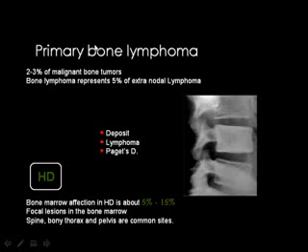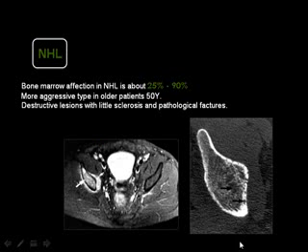Then the primary bone lymphoma. You remember that a solitary dense vertebra may represent a metastatic deposit, lymphoma, or Paget disease, and lymphoma is one of these possibilities.